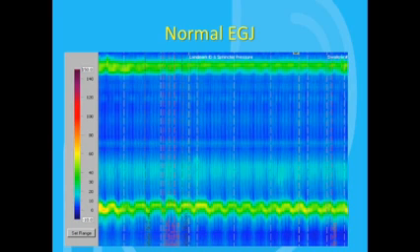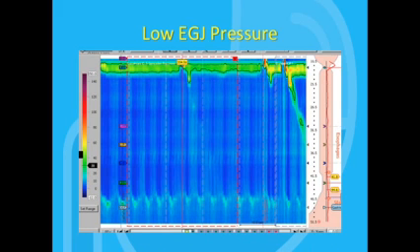In our lab, the normal EGJ resting pressure is between 10 and 45 millimeters of mercury. Here's an example in this slide of an EGJ resting pressure that is low, in this case 5 millimeters of mercury.